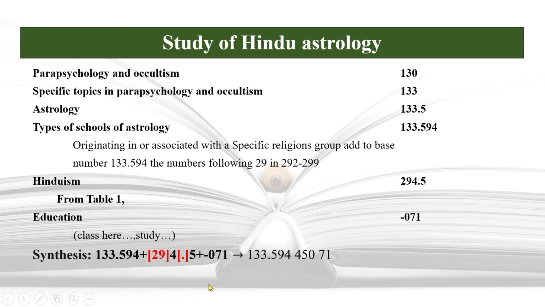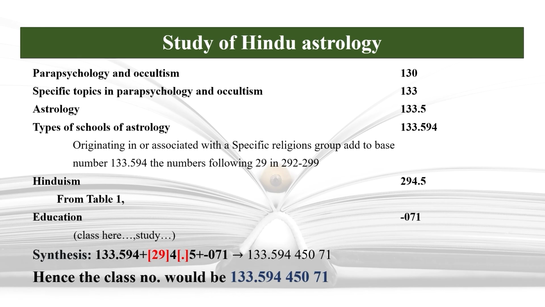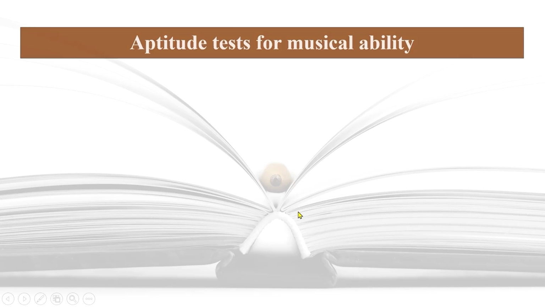So we have also omitted the second dot, and finally the 071, that is the isolate idea for study, has been added. So finally the number will be 133.59445071.